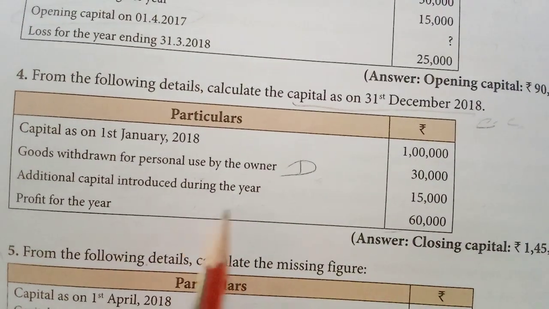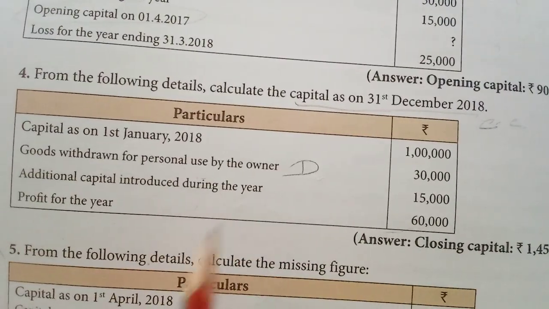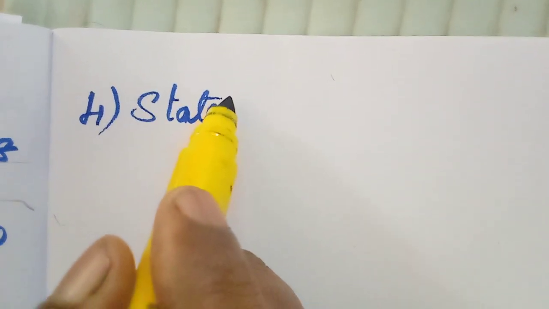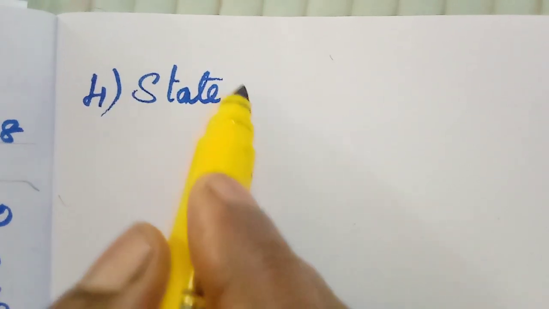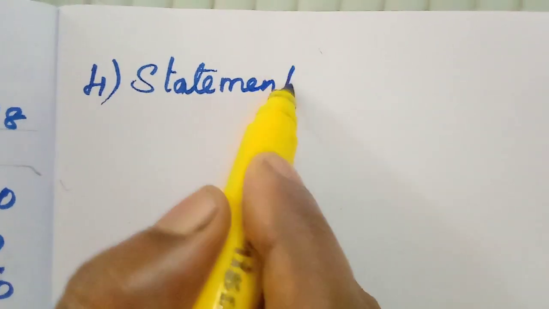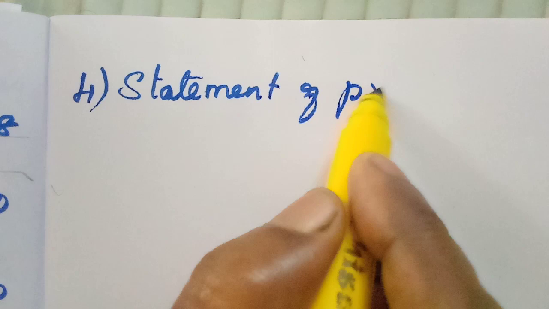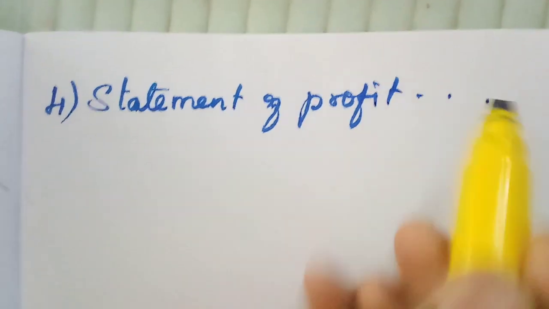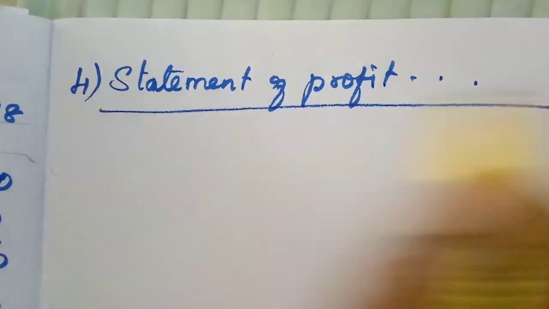Now shall I do it and show you? First write the number 4. Heading: statement of profit for the year ended 31st December 2018. You have to write statement of profit, okay. Then draw the line.